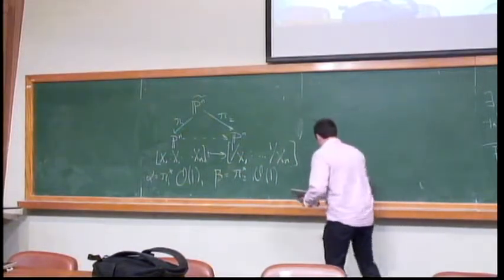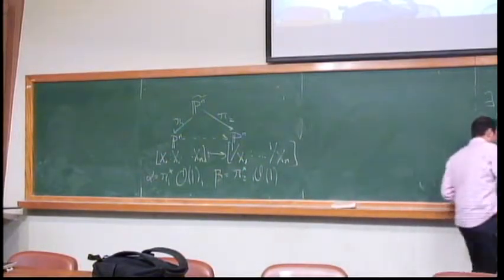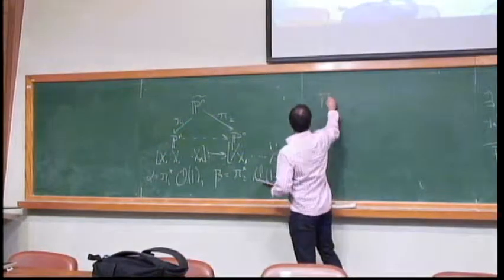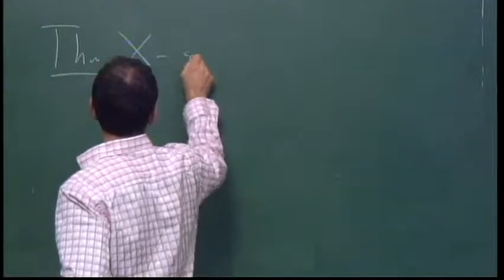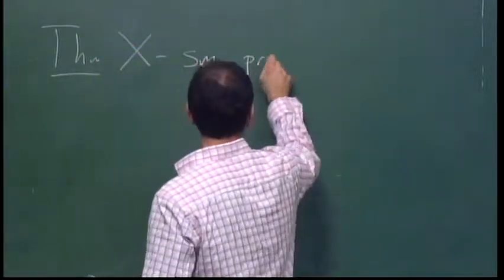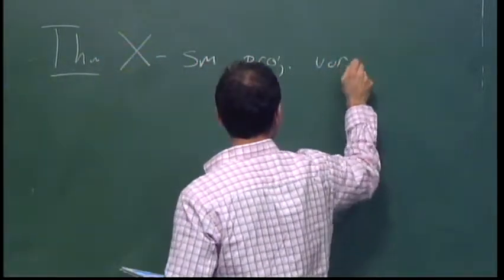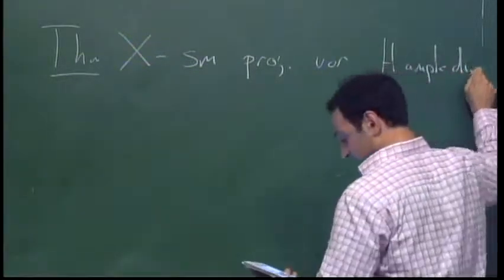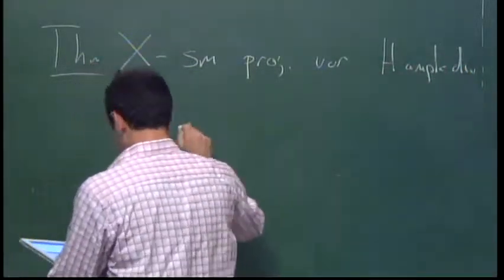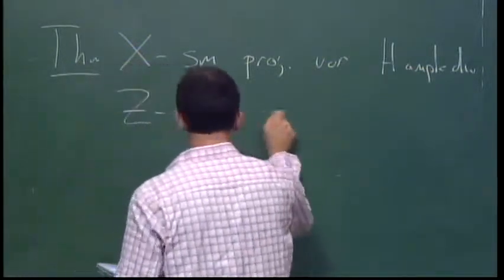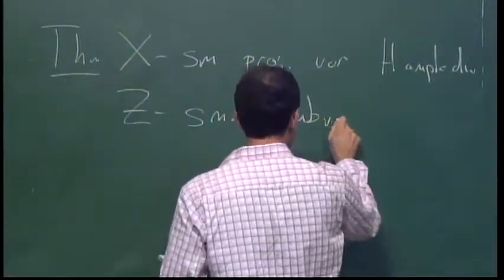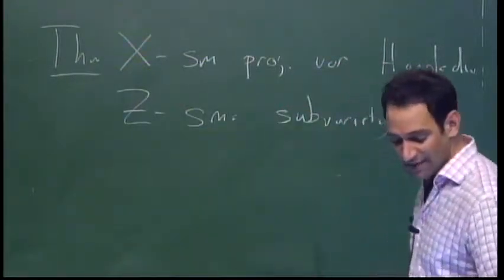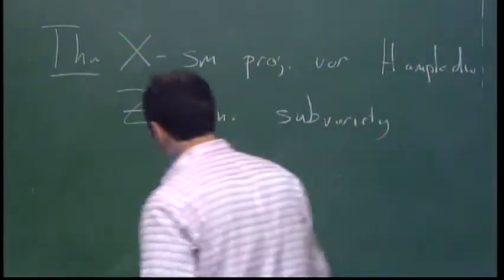So here's a fun, hard exercise in algebraic geometry. X is a smooth projective variety. H is an ample divisor. Z is some smooth subvariety. And let's suppose we know X and Z satisfy the Hodge-Riemann-Minkowski relations.